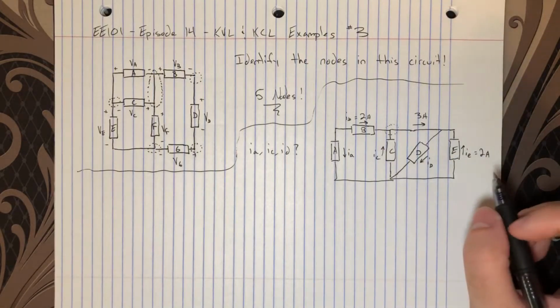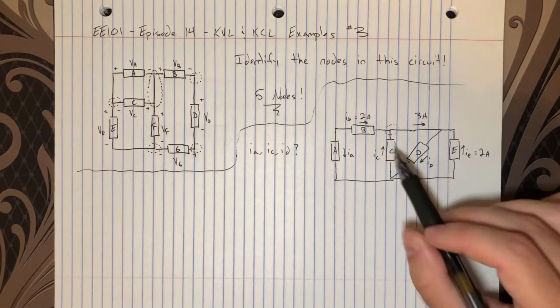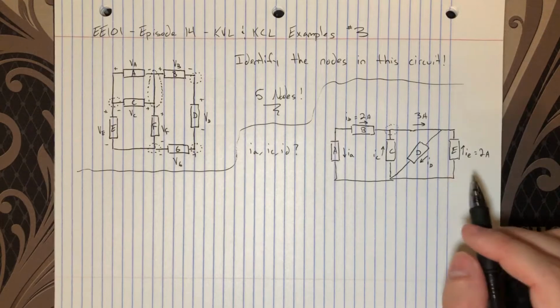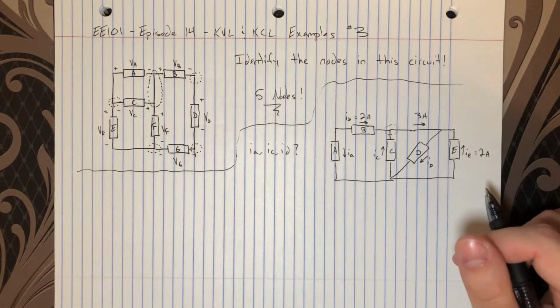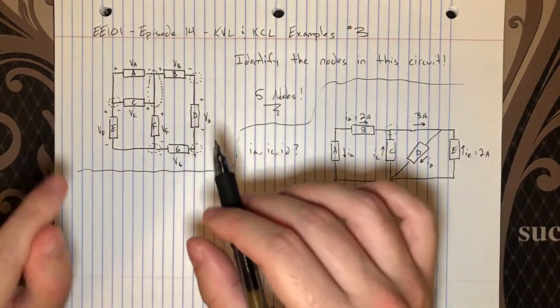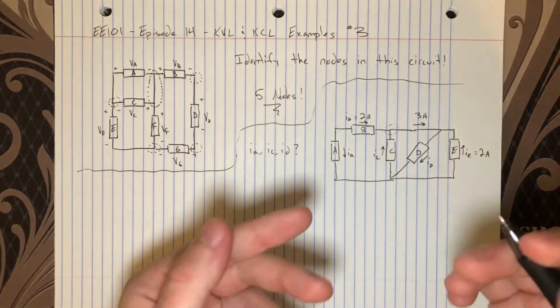We don't know what these elements are or what their voltages are, but it still makes sense to apply Kirchhoff's current law. It's still true. So that's another thing to consider when you do circuit analysis: what information do you not really need, and what information is important.